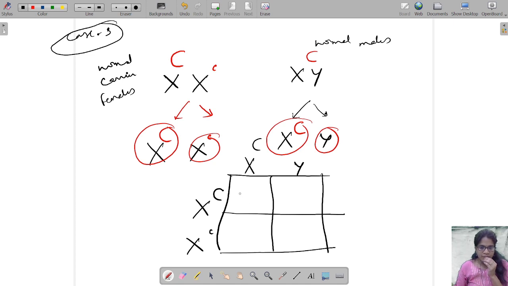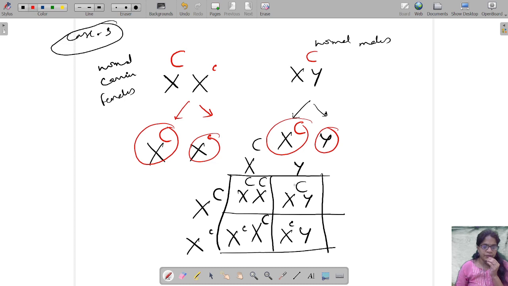Okay, now see, after these two get crossed, I'll also write it out anyway. Right, now let me write everything.